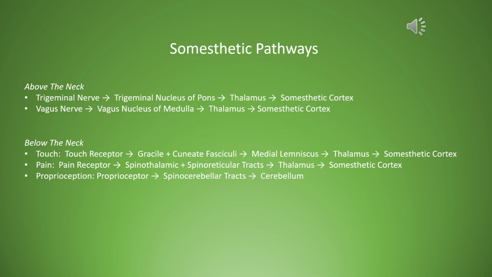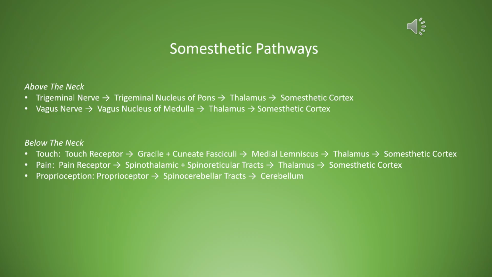Those are the gracile and cuneate fasciculi. They come together to form the medial lemniscus. The fibers of the medial lemniscus synapse at the thalamus. The thalamus directs those signals of touch to the somesthetic cortex, which is the post-central gyrus of the parietal lobes.